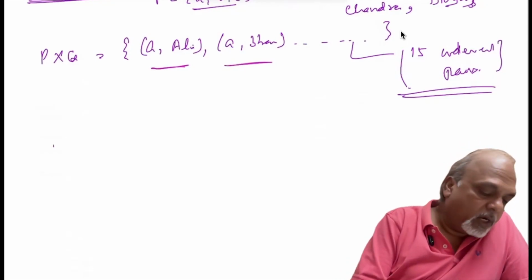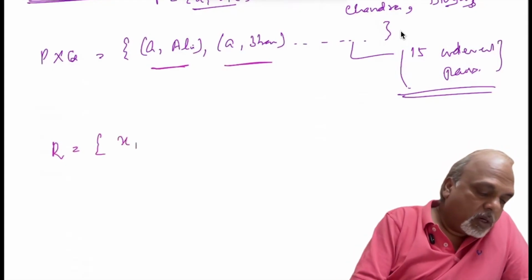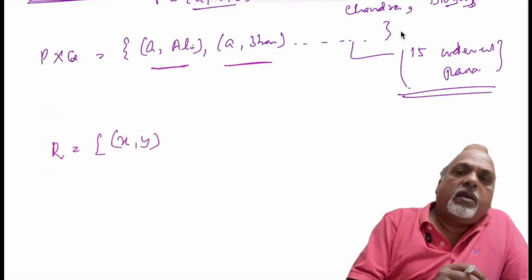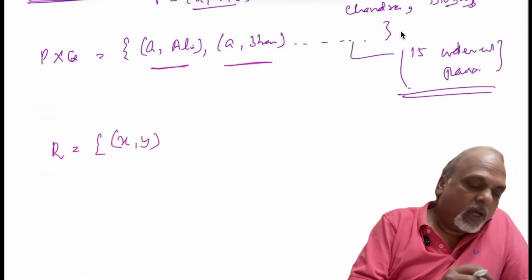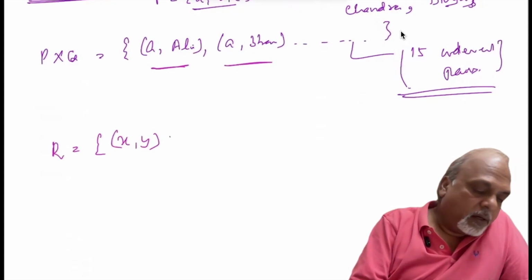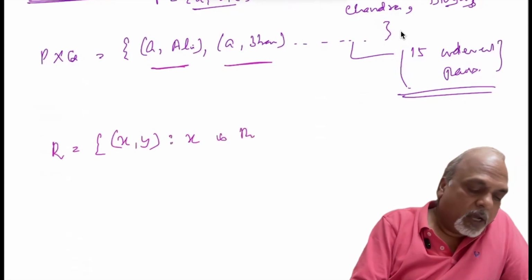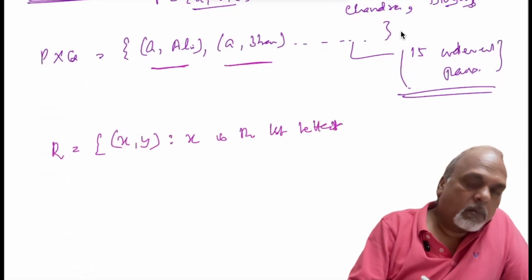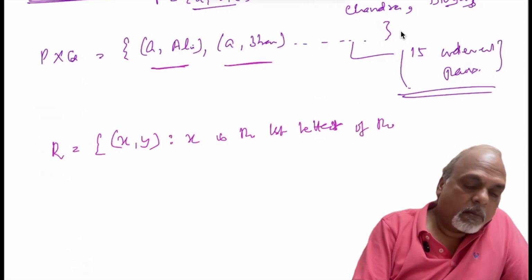Like we define a relation R equal to the set of ordered pairs (x, y), where x is the first element and y is the second element of the ordered pair, such that x is the first letter of the name y.